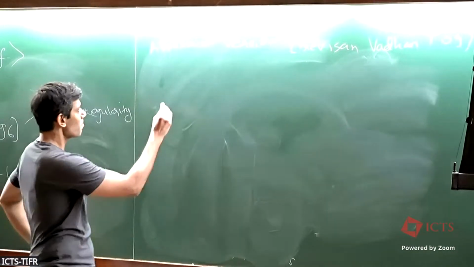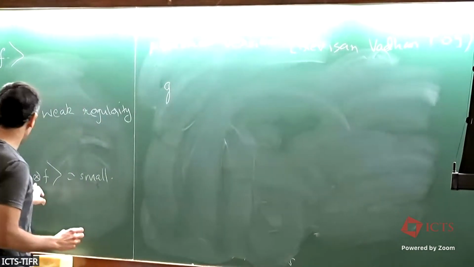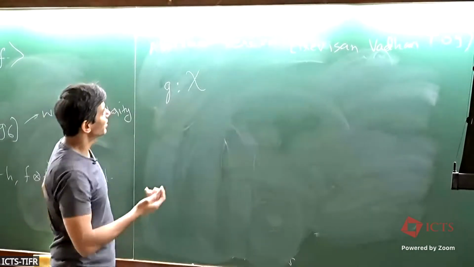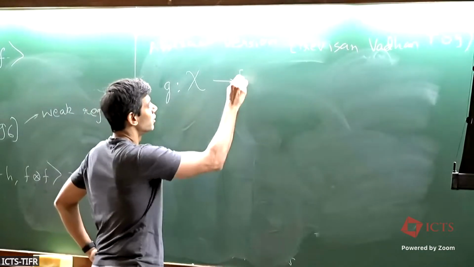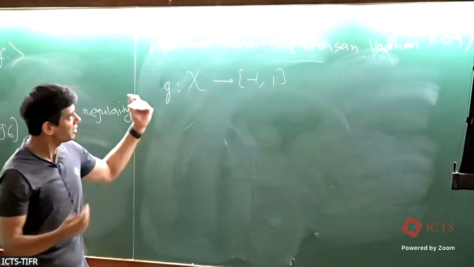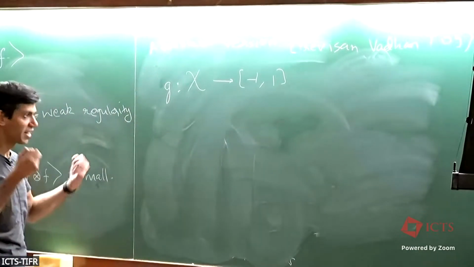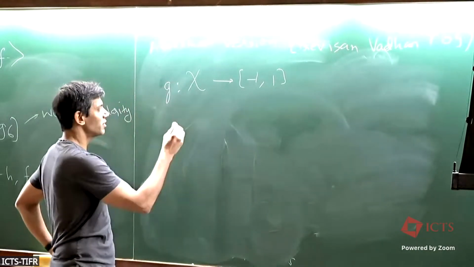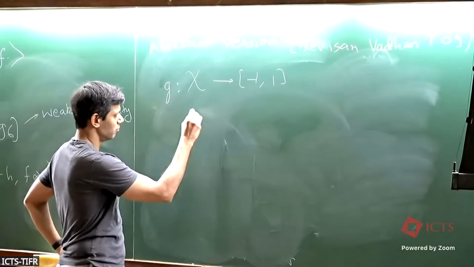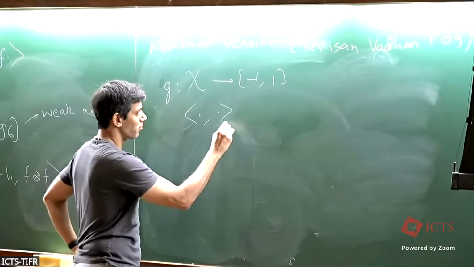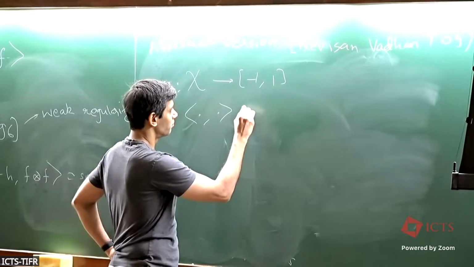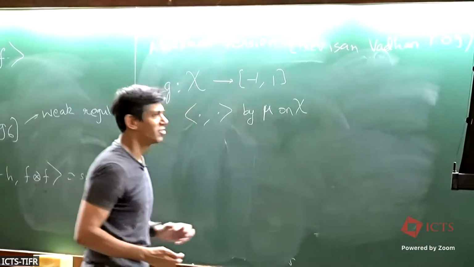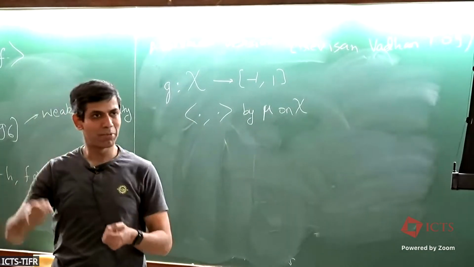It's the same, except I'll forget a little bit about these kinds of functions. So let's say G is an arbitrary function from some, let's say, finite space X to, let's even say, the interval -1, 1. It doesn't have to take exactly the boundary values. Okay. And let's say we have some inner product defined by some distribution mu on X. Like in our expanders, we had these different probability distributions on different faces.